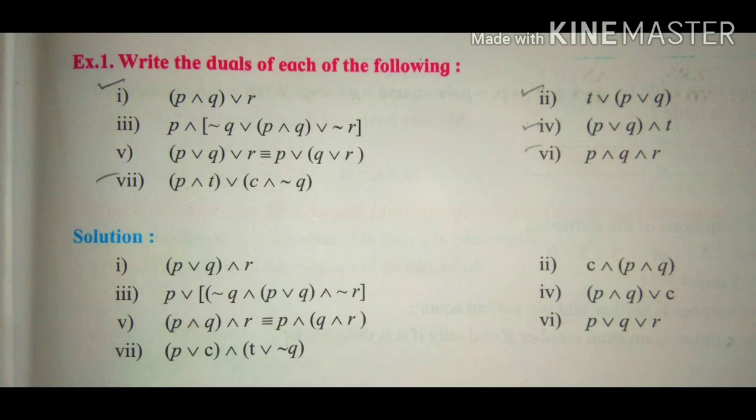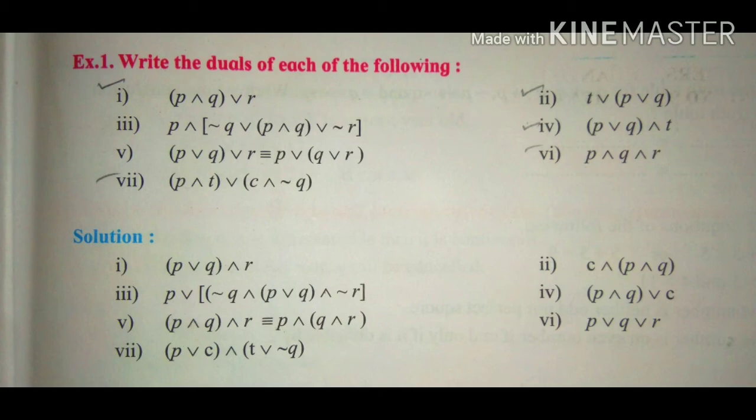First one, P conjunction Q or disjunction R. The dual is P disjunction Q conjunction R. Second example, T disjunction in bracket P disjunction Q. The dual of above statement is C conjunction bracket P conjunction Q, bracket complete.